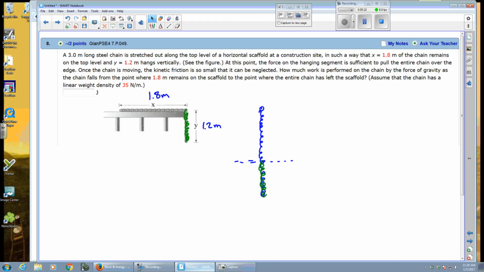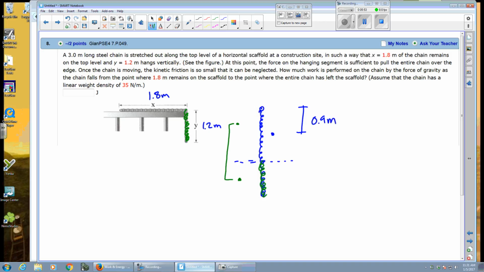For the top part, the center of mass has moved down to this point, which is 0.9 meters down, right? And for the bottom portion, the center of mass moved here, but it started here.